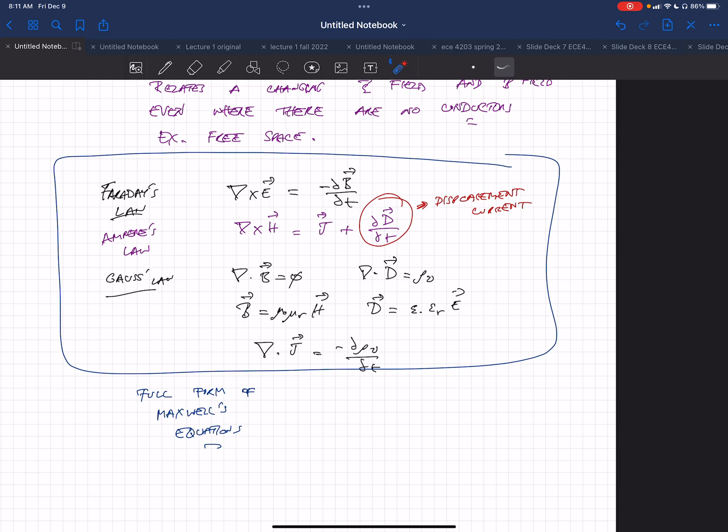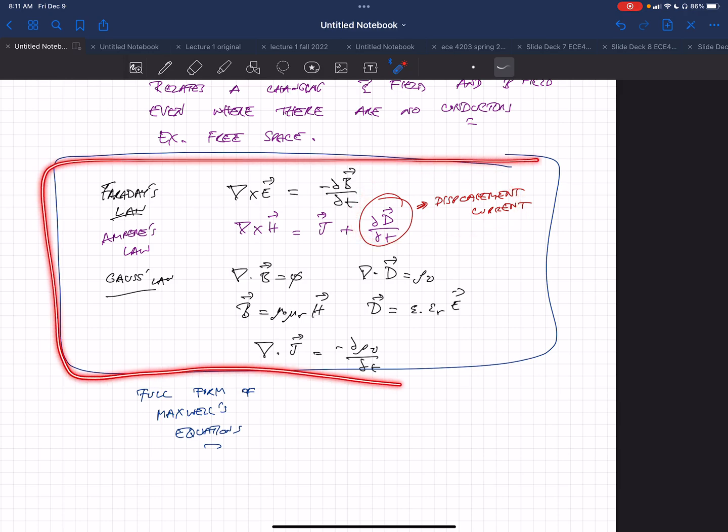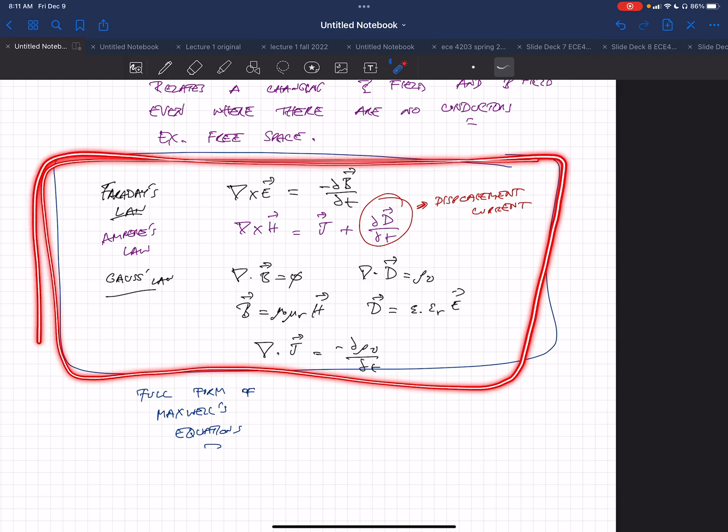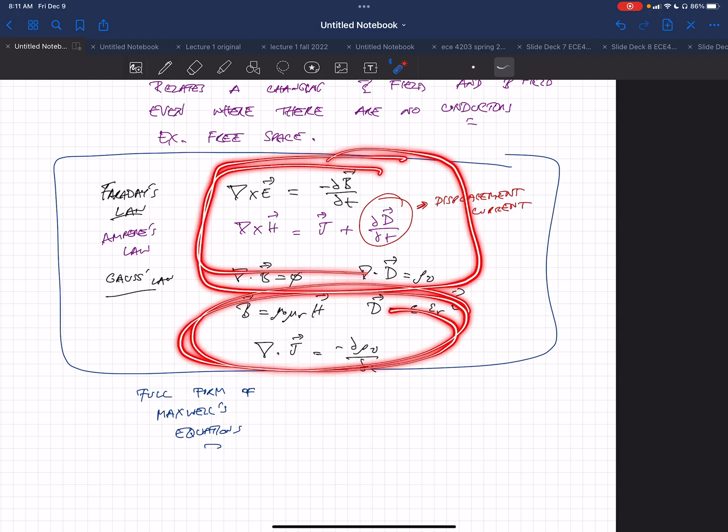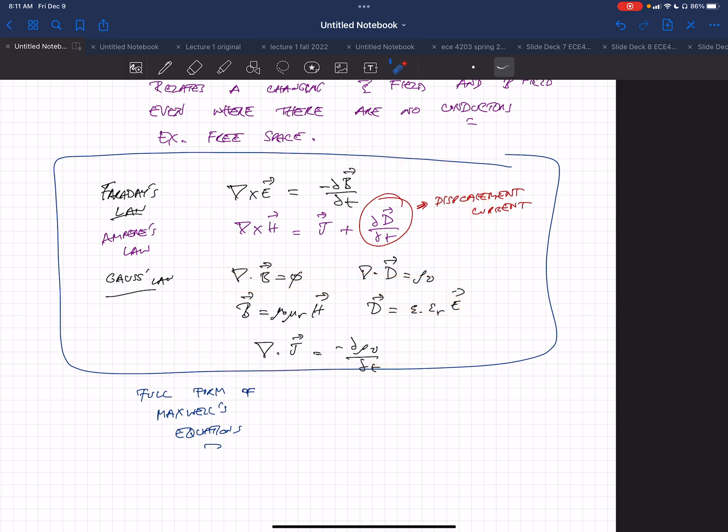So a very, very critical result by Maxwell. And that basically made this final form of these equations, really these four equations. These others are more like definitions. It's really these four equations that are called Maxwell's equations, and these allow the concept of a traveling electromagnetic wave.